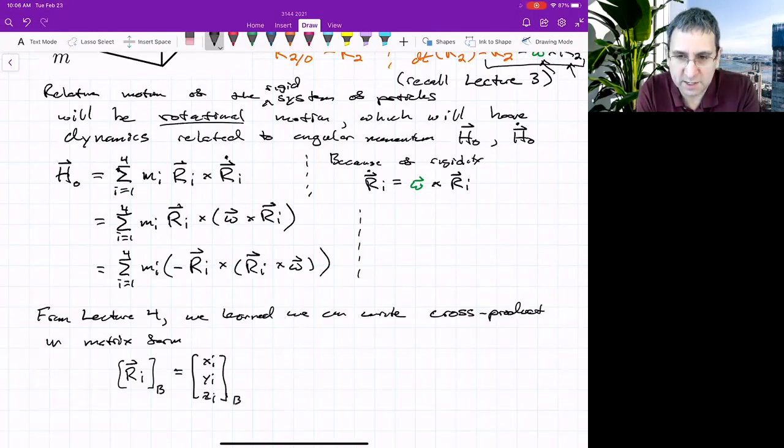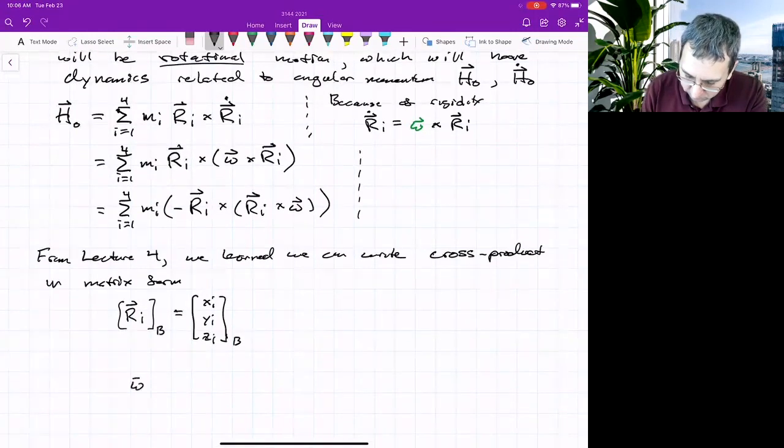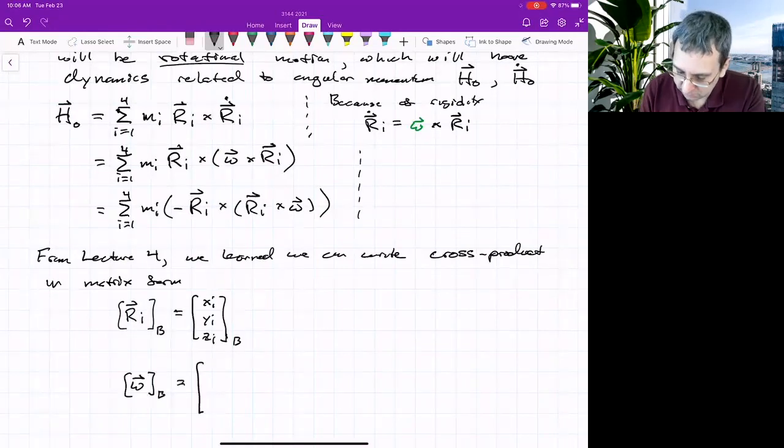It's the x, y, and z components for particle i. Same thing for omega. We'll want to write omega in terms of the B frame components. So omega 1, omega 2, omega 3.